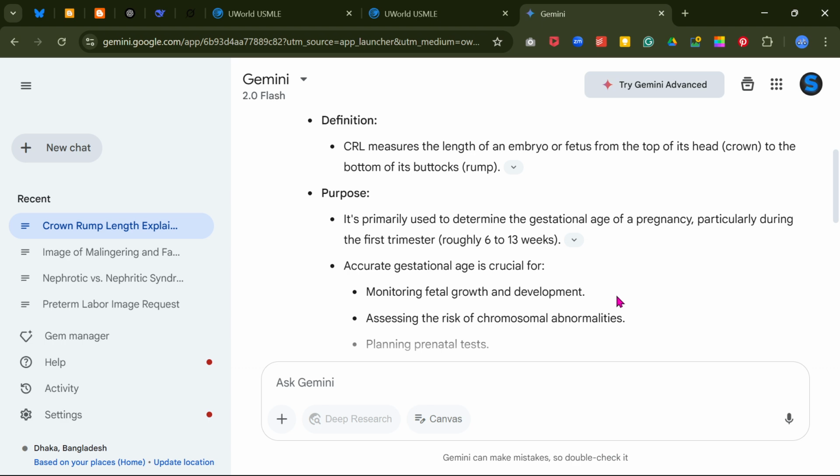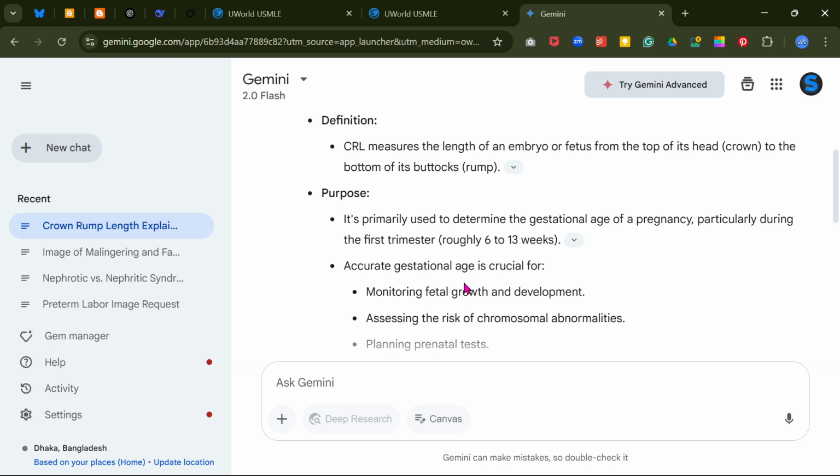Crown rump length measures an embryo or fetus from the crown, meaning head, to the rump, meaning the buttock. It is measured at roughly 6 to 13 weeks.